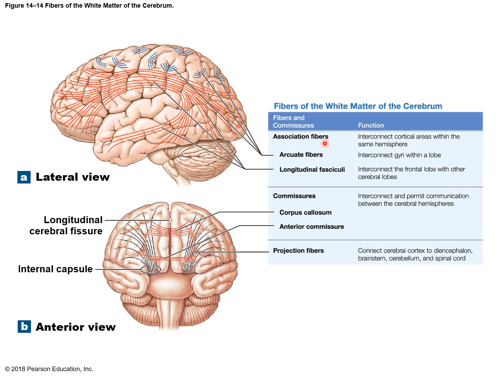We also have what are called commissural fibers or commissures. The big one is the corpus callosum. You'll see that when you do brain dissections in lab, that's connecting the hemispheres. The anterior commissure is a little bit smaller, but also connects the left and right hemisphere.